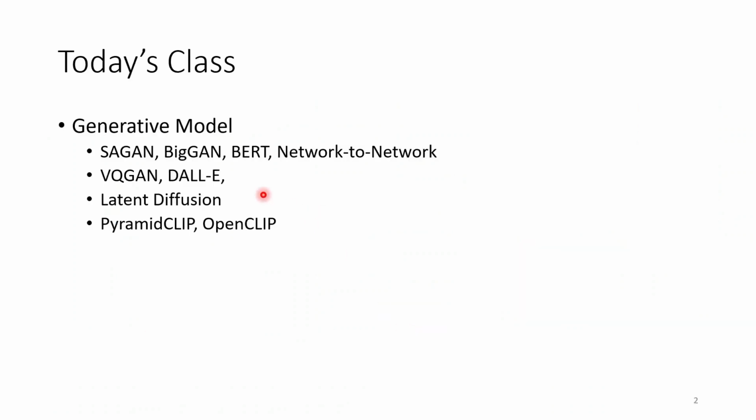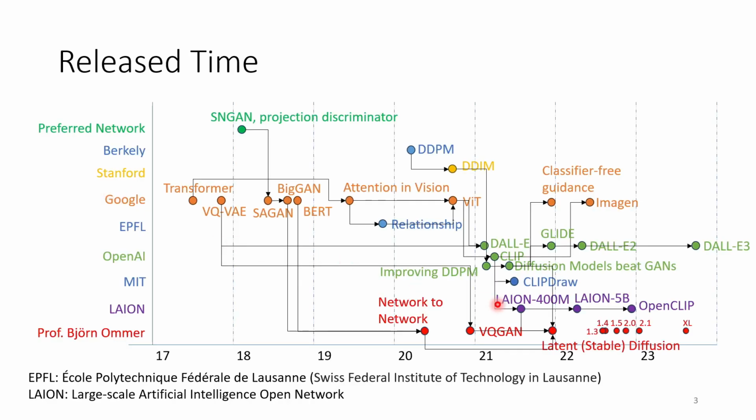In our previous week, we talked about VQGAN, and VQGAN is the second paper of Professor Omar's lab.